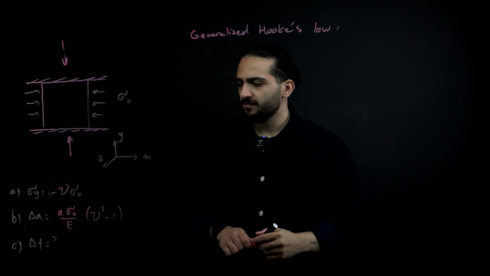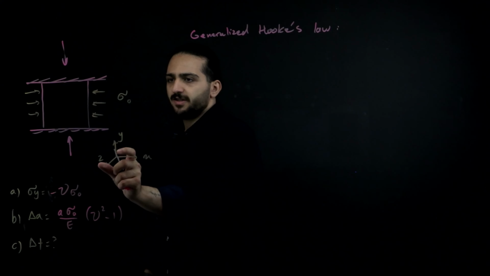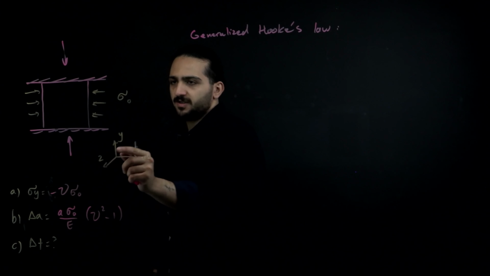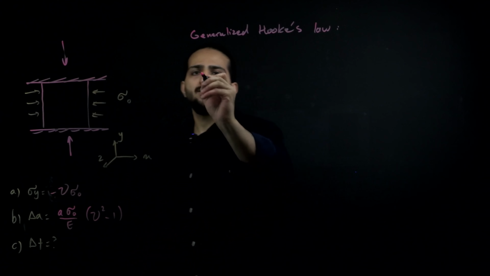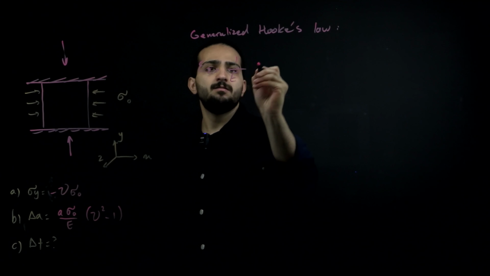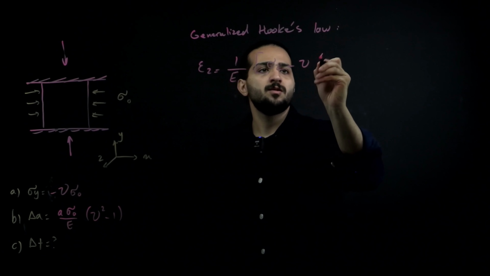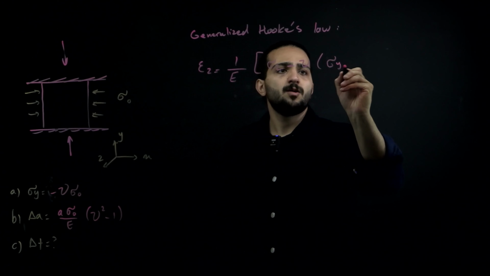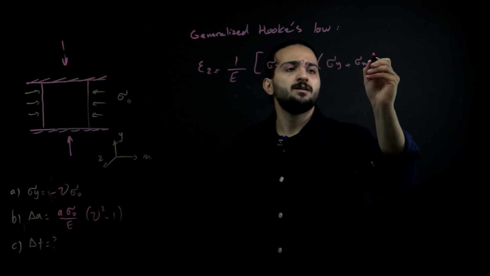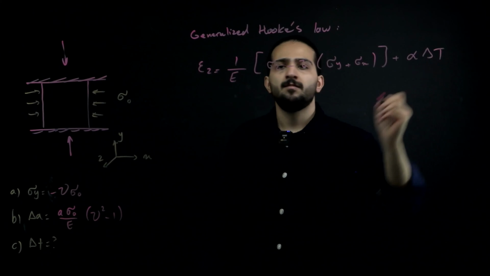Okay, now in the last part we have to determine delta t, or the change in the thickness of the element, which is in the z direction. So epsilon z is equal to 1 over E sigma z minus Poisson sigma y plus sigma x plus alpha delta t.